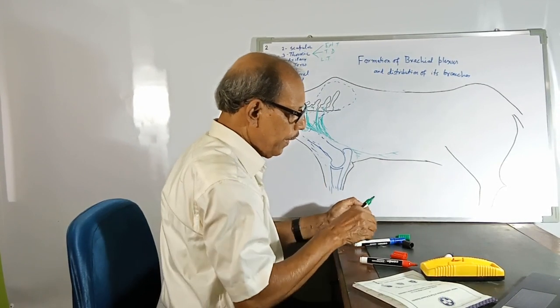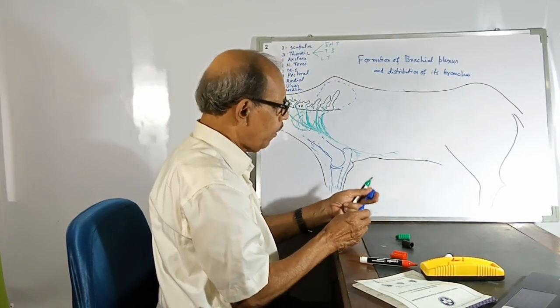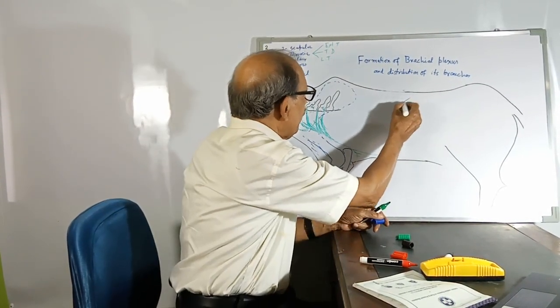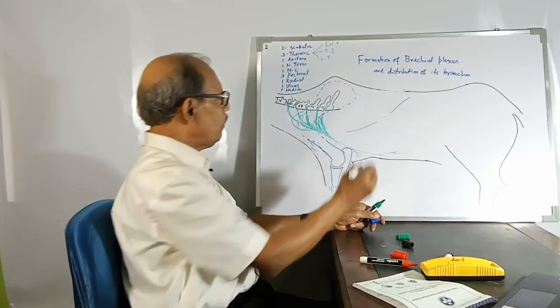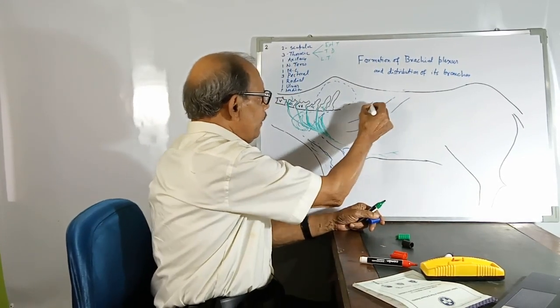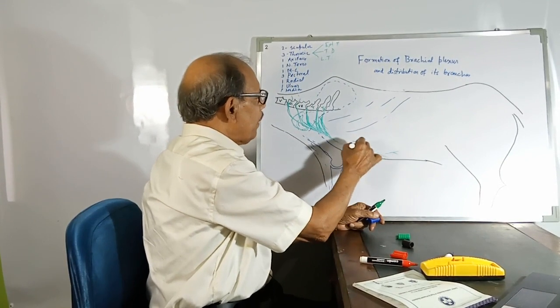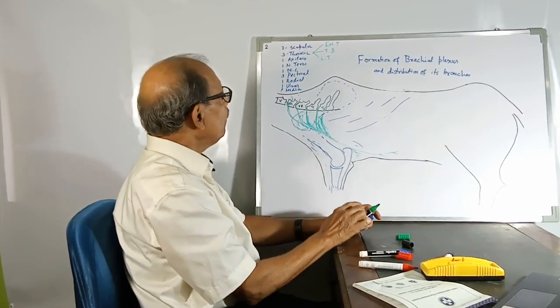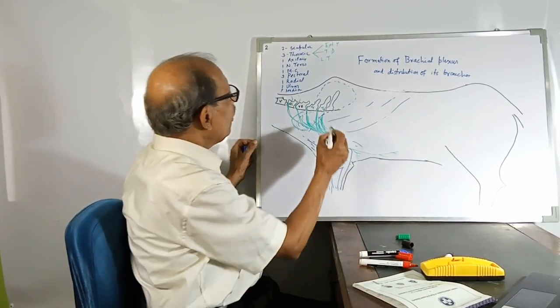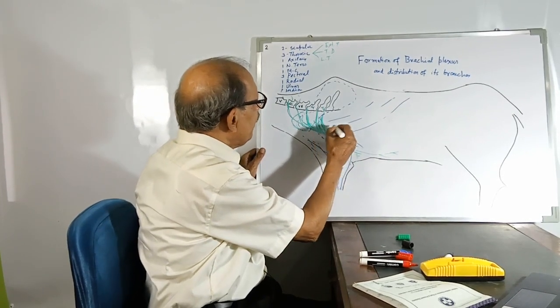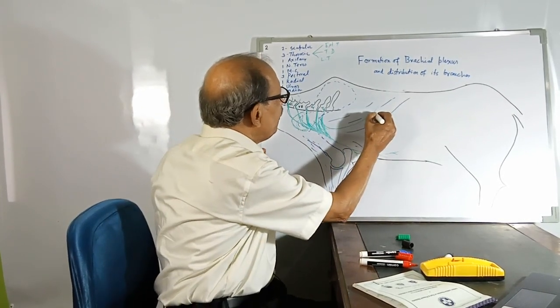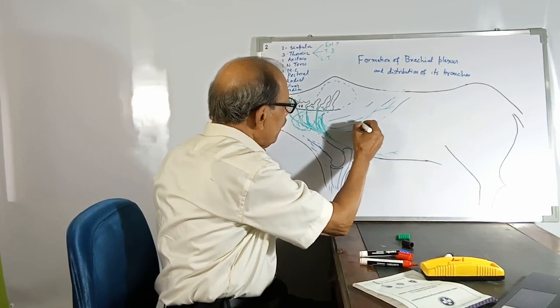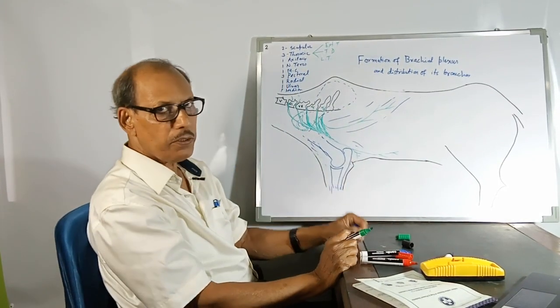Thoracodorsal, here I have already drawn a muscle which is known as the latissimus dorsi. Here are the pectoral nerves. So the thoracodorsal nerve will originate and go backward and will be distributed to the muscle over here, which is known as the latissimus dorsi.